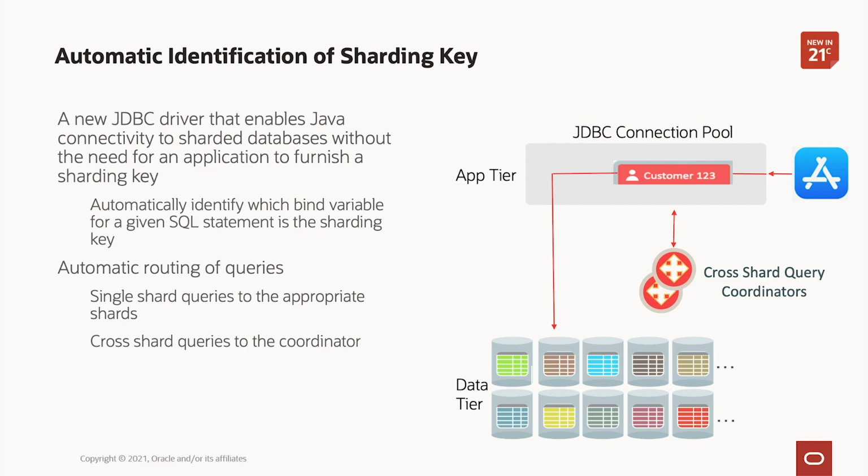It knows that you're trying to do a single shard query, and if it can, it automatically figures that out and connects the application directly to the shard where the data is sitting. Or in the case of multi-shard queries, it automatically connects the application to the multi-shard query coordinator. So you don't have to worry about whether it's a single shard query or a multi-shard query, or what the sharding key is, etc. The changes typically needed on the application side are obviated with this new functionality.